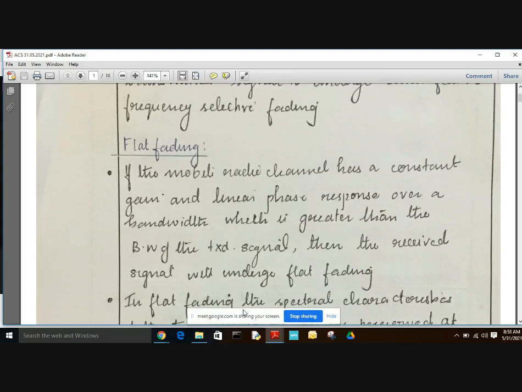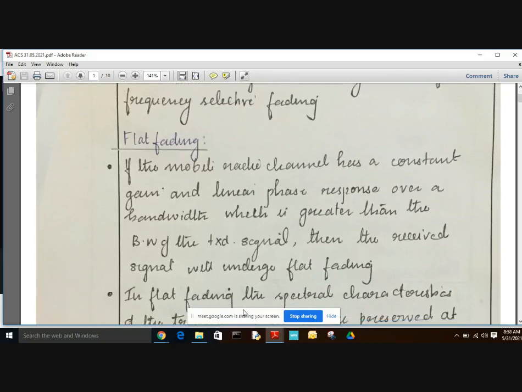That is, if the mobile radio channel has a constant gain and linear phase response over a bandwidth greater than the bandwidth of the transmitted signal, then the received signal will undergo flat fading.